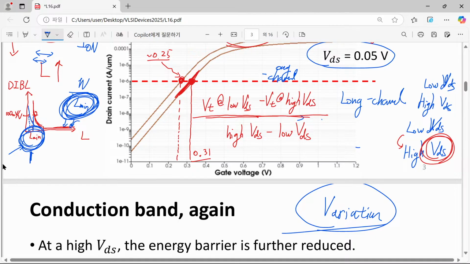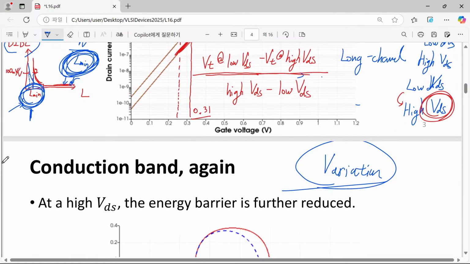That's the reason why we are so afraid of this DIBL phenomenon. We have to minimize DIBL as much as possible. Therefore, it is really important even to us, the contemporary engineers.